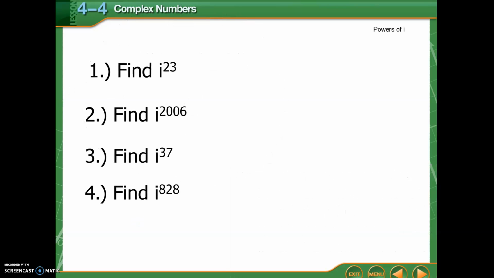So I could find this by taking 23 divided by 4. 4 goes in there 5 times, and I have, remember this from elementary, a remainder of 3. So this is the same as i to the third, which is -i, because i squared is -1 and times i is -i.